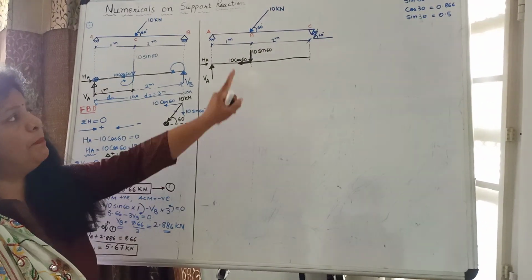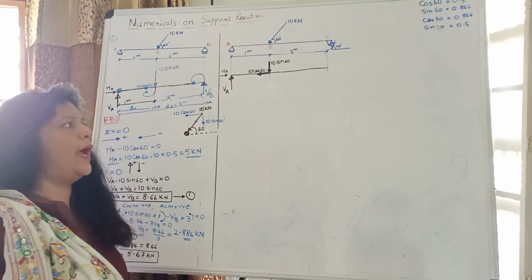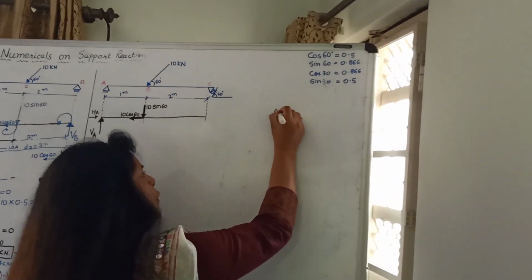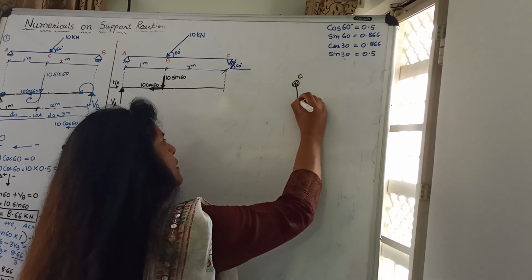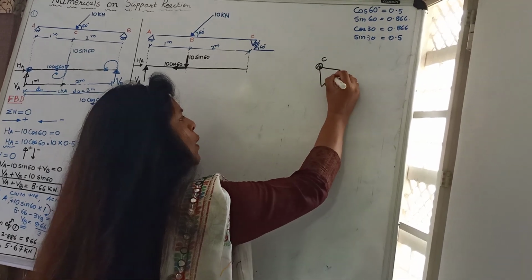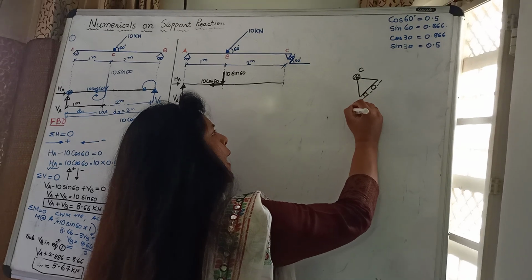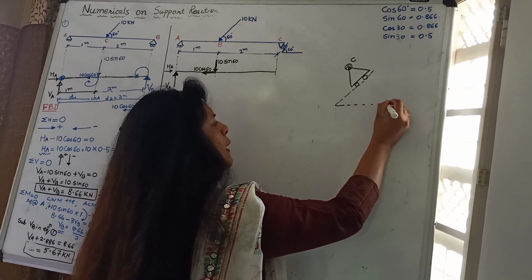Now the most important part, the inclined support. For the inclined support, I will draw a diagram over here in a big manner. Suppose this is a support C, and this is a roller support, inclined at an angle of 60 degrees with the horizontal.